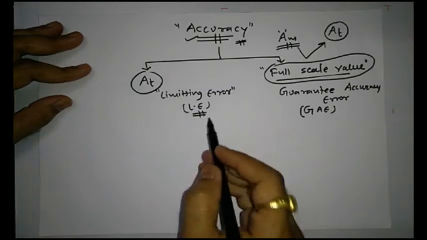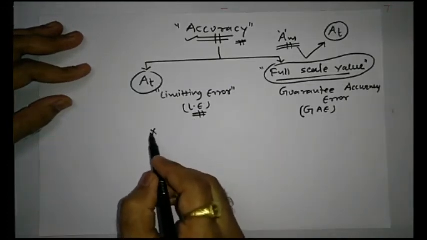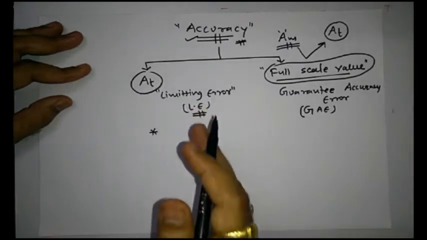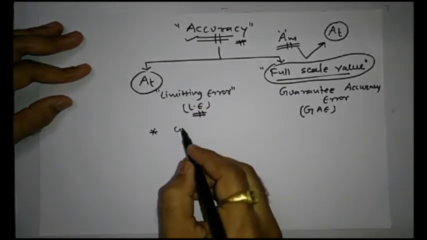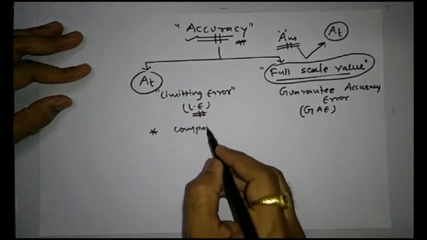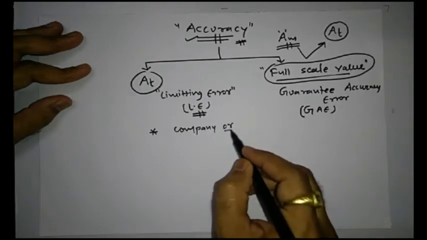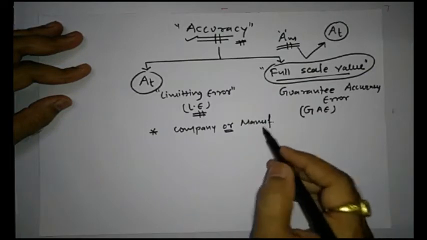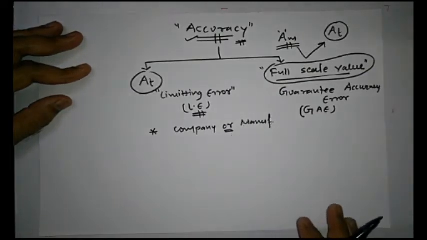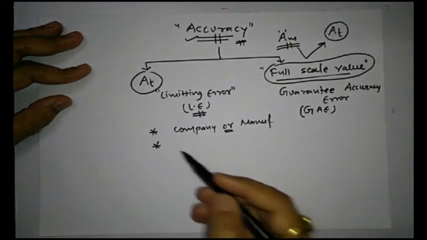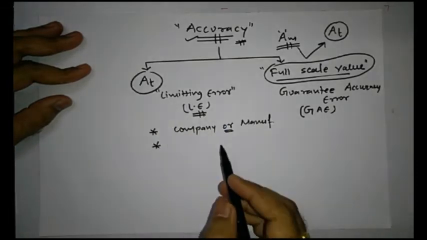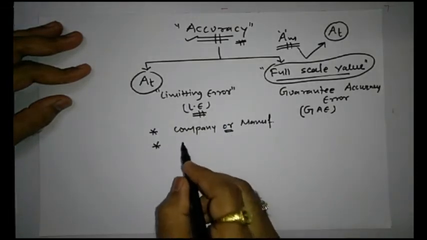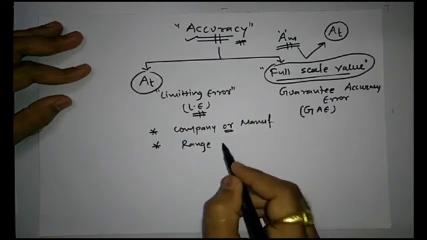Now what is limiting error? First point about limiting error is these errors are defined by the company, or you can say the manufacturer of that particular instrument. Second point, with the help of limiting error, we are trying to determine the range of error.